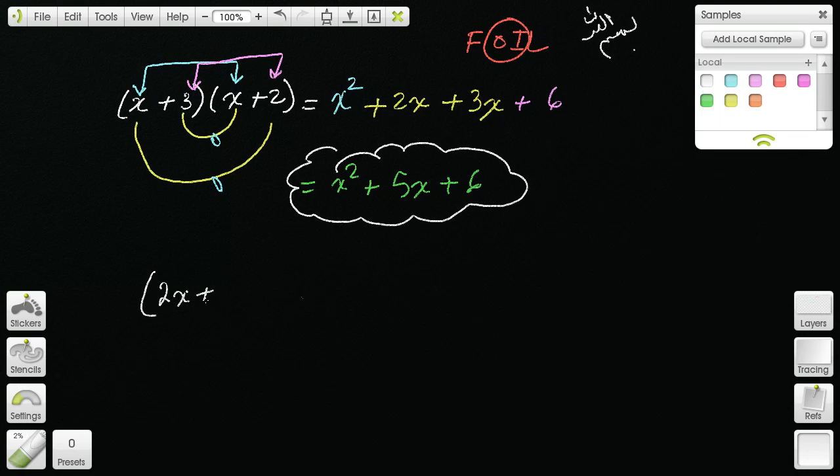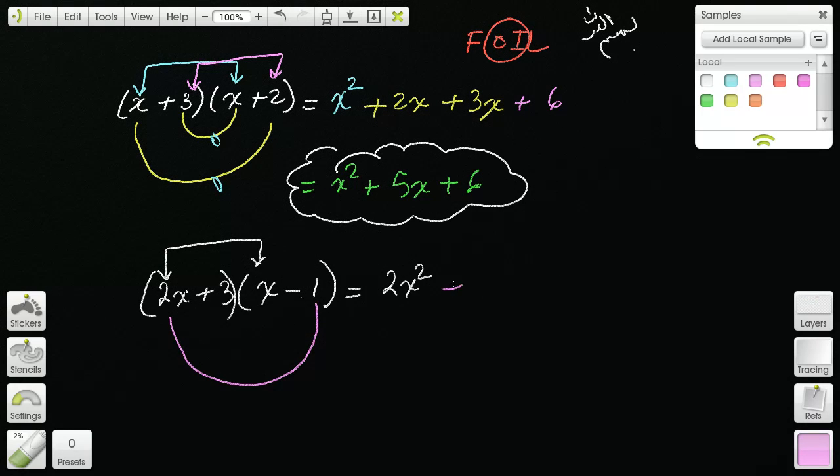Let's do another example. It's 2x plus 3 times the quantity x minus 1. Okay, so let's do first, which is 2x squared. Outer, that is 2x times negative 1. Now I made a mistake here.